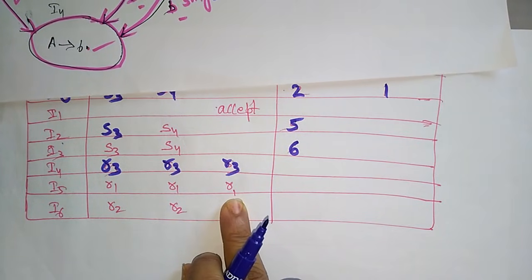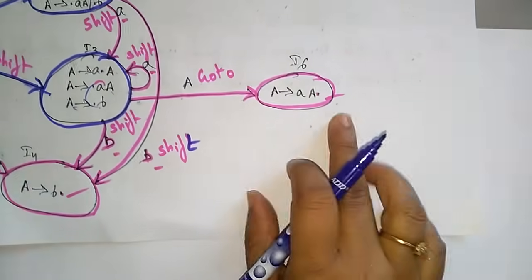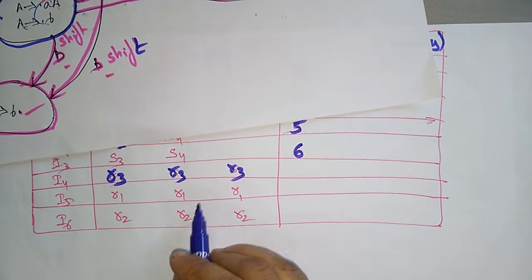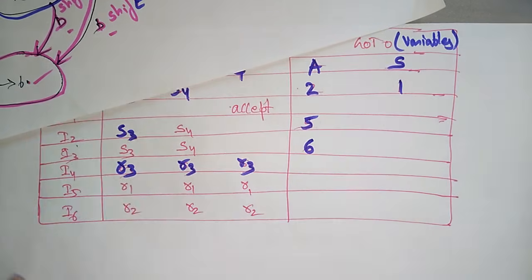Okay. So next, I6. After I6, there is no state. So why did I take R3, R1, R2 only? Why particularly am I taking only those numbers? Let's see that.